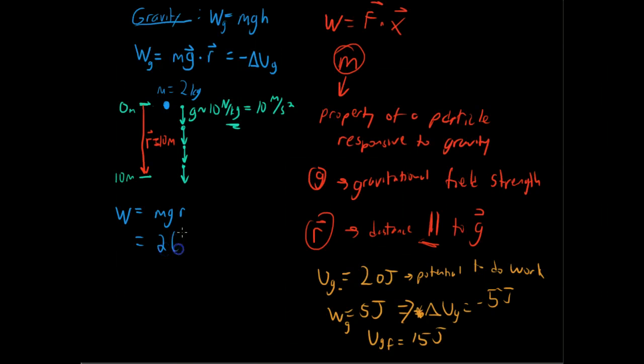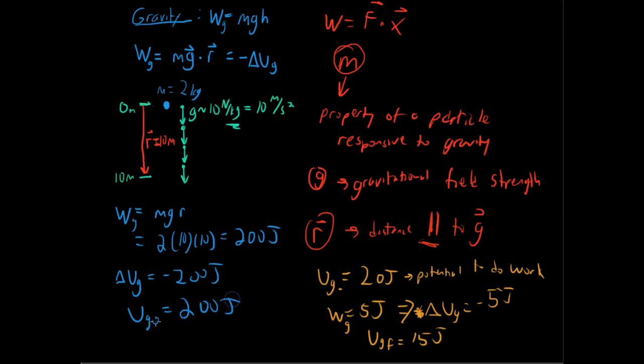Then we have 2 times 10 times 10, which gives us 200 joules of work done by gravity. This equates to a change in the potential energy of negative 200 joules. That also leads us to understand that the initial amount of potential energy was 200 joules, and that right here we have 0 joules of potential energy.